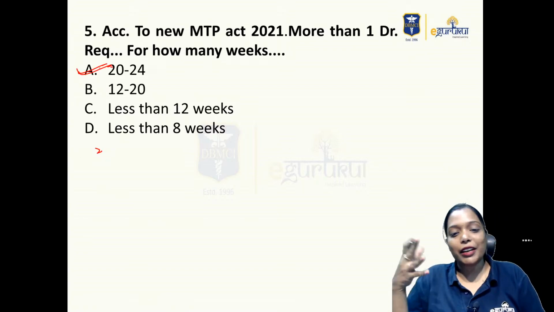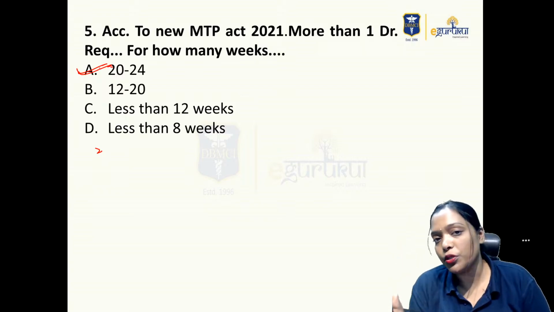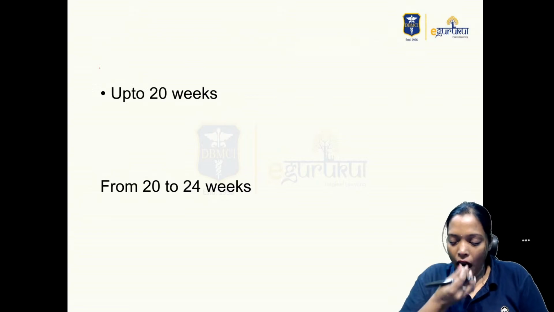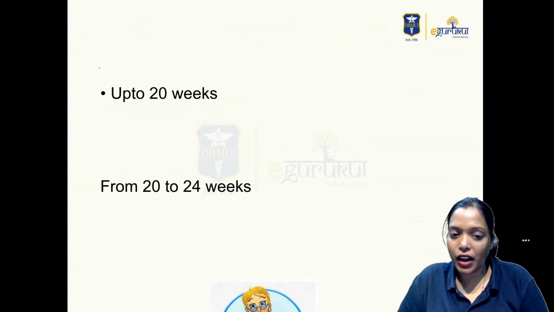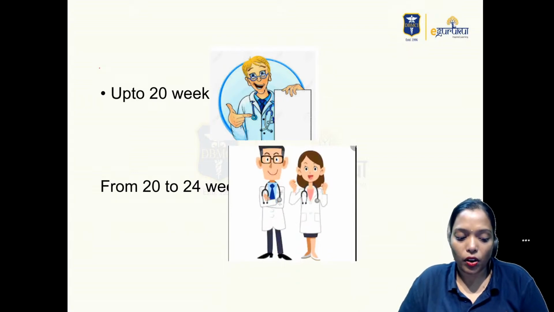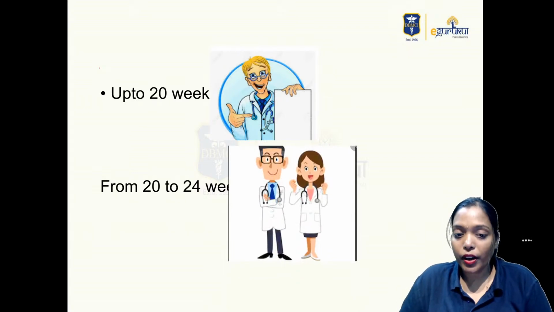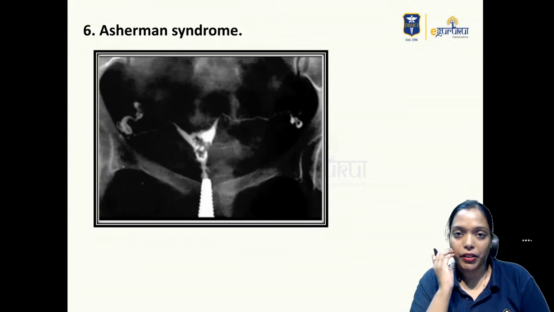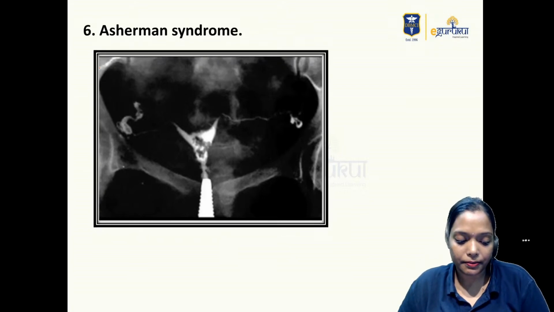Earlier it was different. Let me not speak about earlier and confuse you. Remember the new one. Up to 20 weeks, one doctor's opinion; 20 to 24 weeks, two doctors' opinion, right? The new MTP Act all should know, because this is the second time there is a question on the new MTP Act.